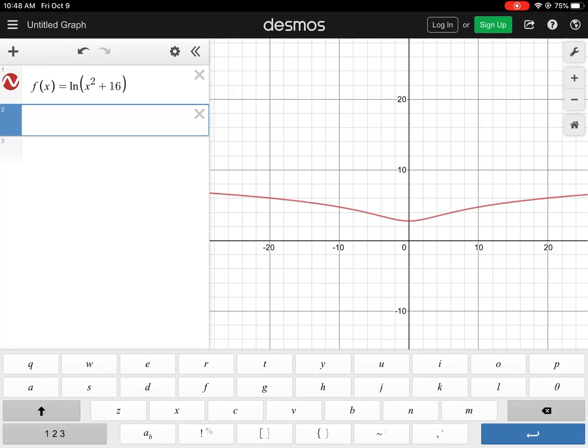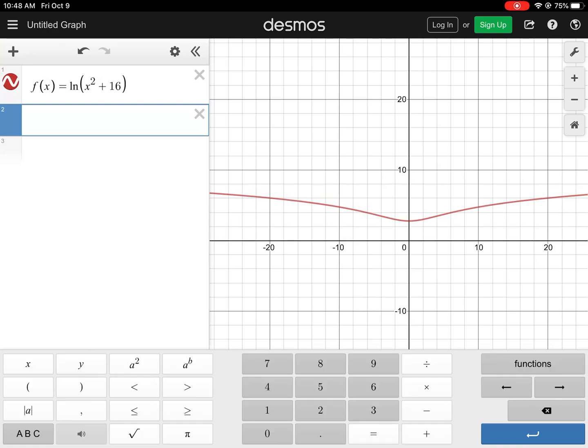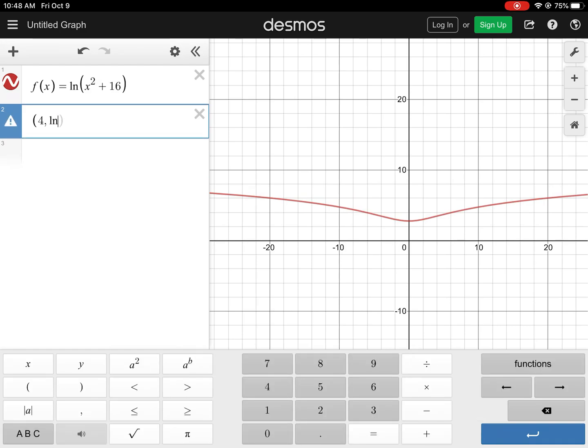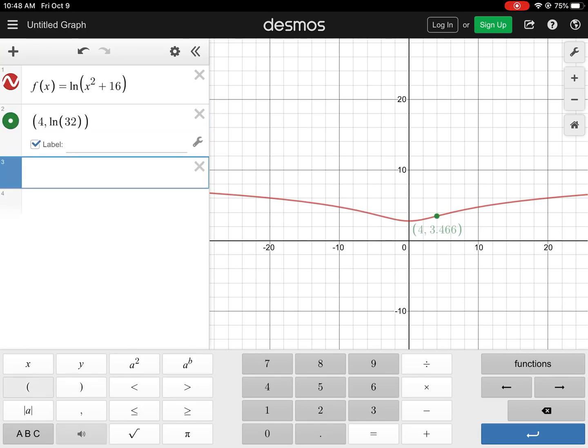So there is the graph in Desmos. And I'm going to type in the 2 inflection points. There's the first one.